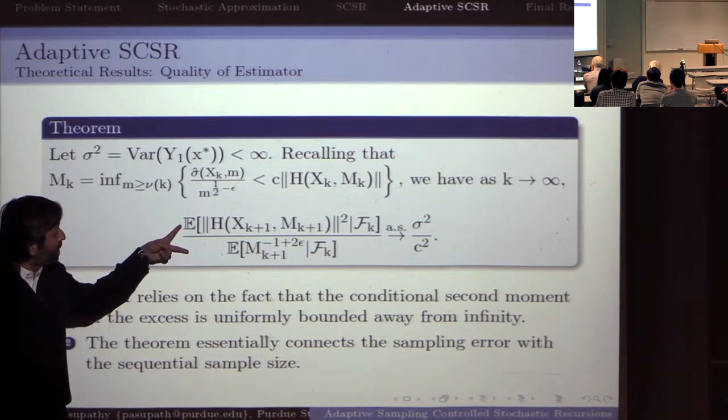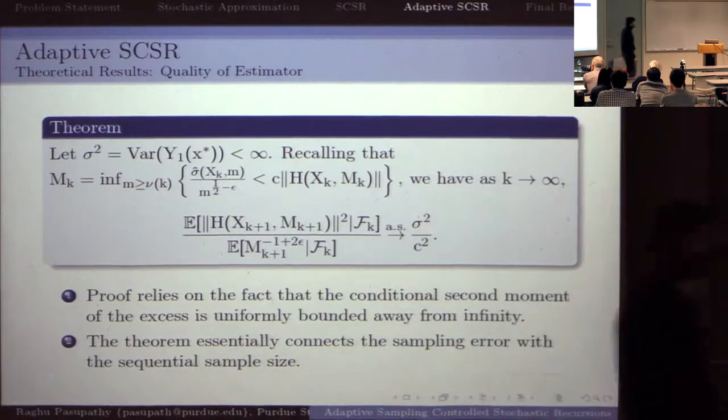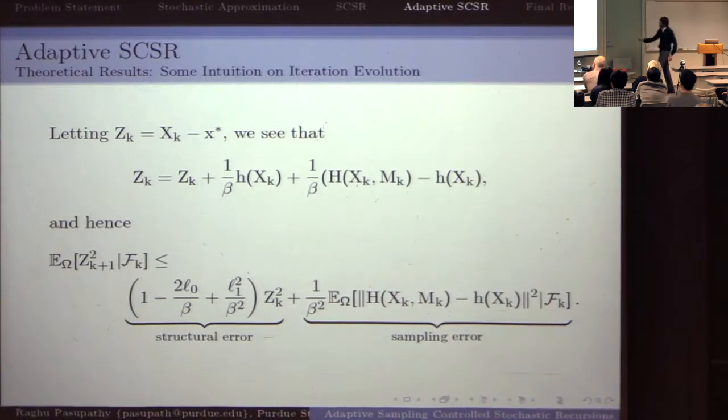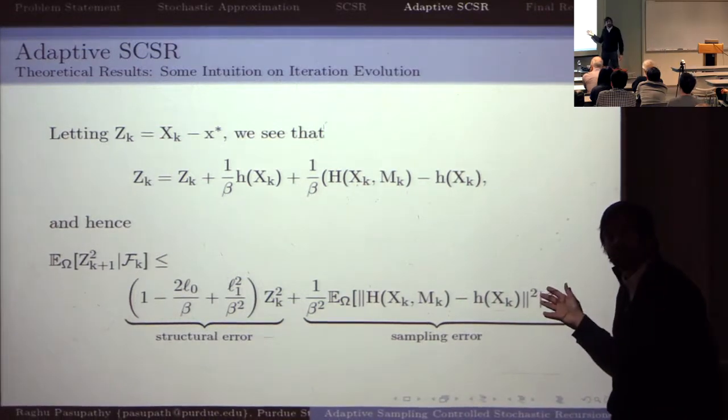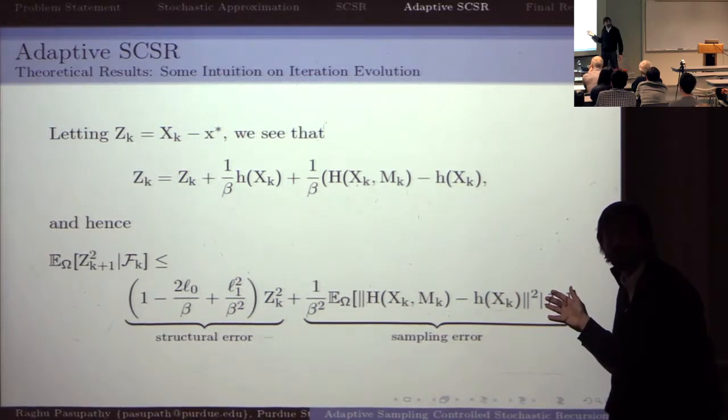So in other words, if we go back to this equation, this quantity right here looks roughly like the expected value of the inverse of the sample size, is what that theorem is saying.